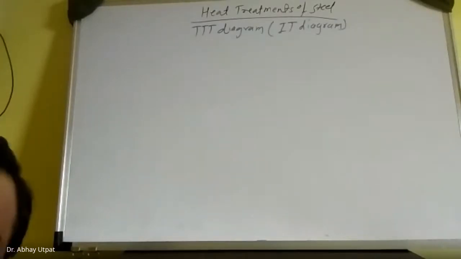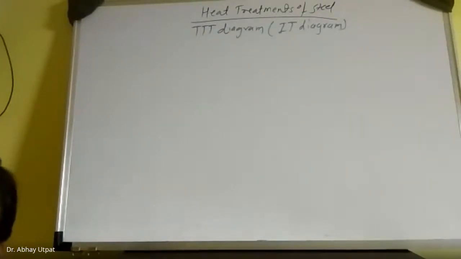Transformed phases are pearlite, bainite, martensite, with their hardness. Full stop.